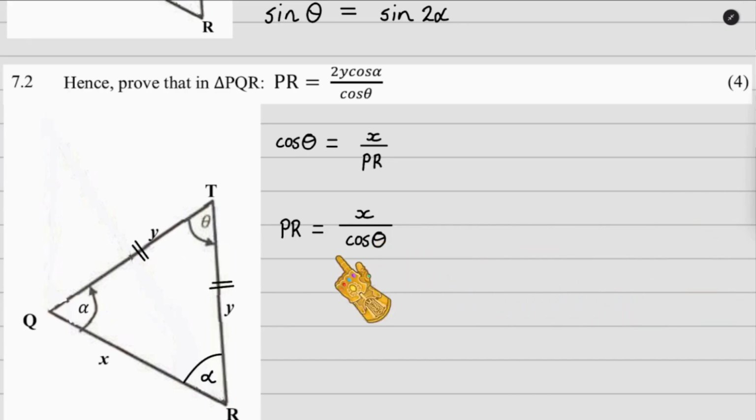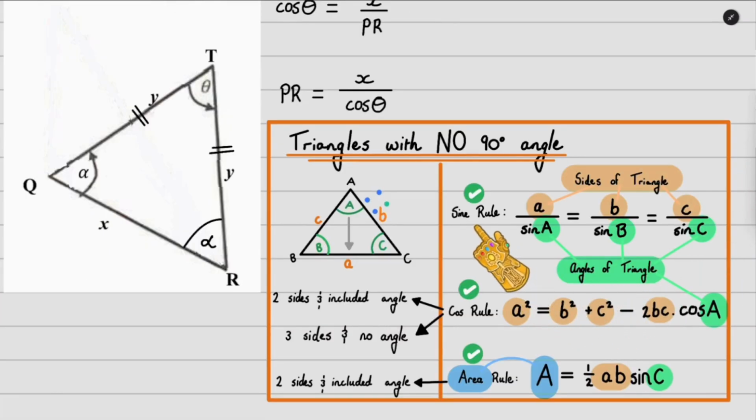Okay, now that we're in triangle TQR, there's no 90-degree angle, which makes our job significantly harder. If there's no 90-degree angle, there are 3 rules or formulas that you can apply. I'm going to show them on the screen now. They are called the sine rule, the cosine rule, as well as the area rule.